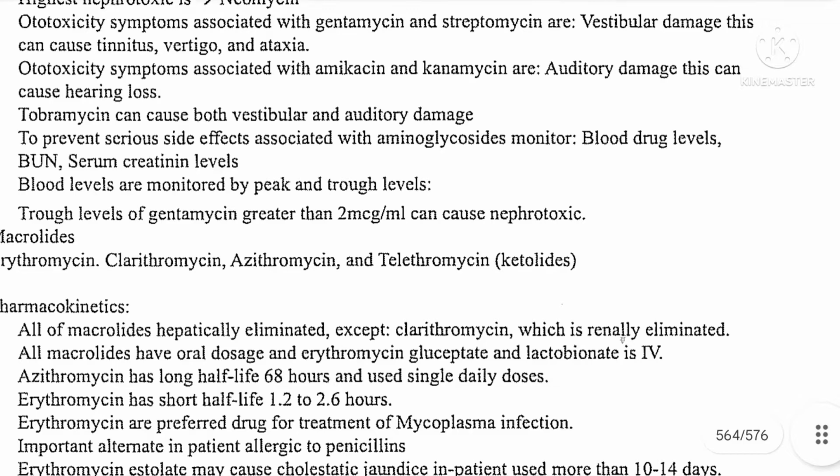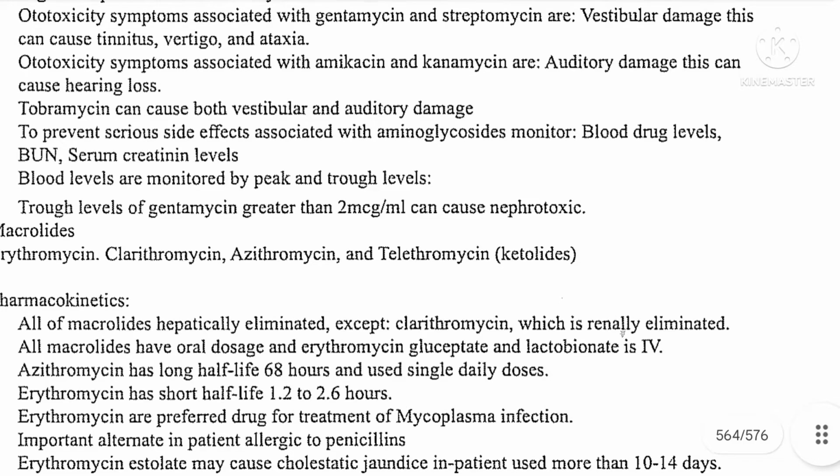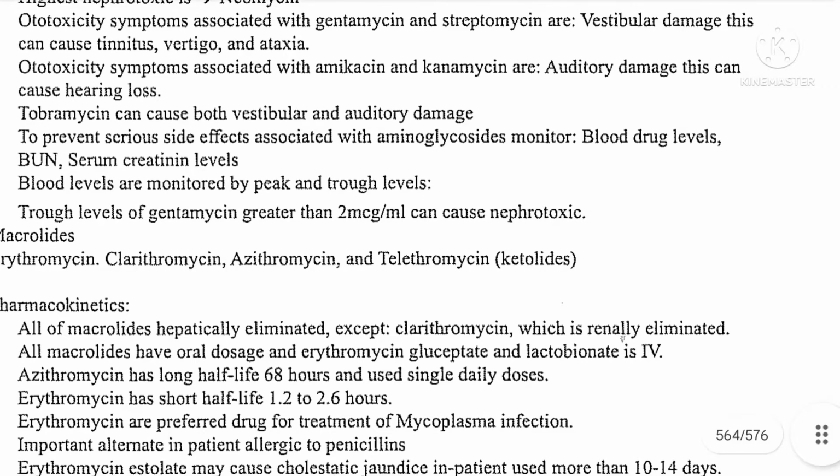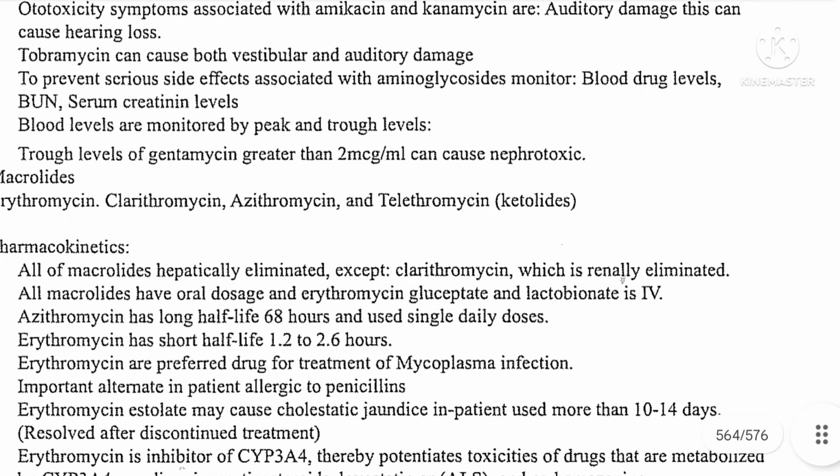To prevent the serious side effects associated with aminoglycosides, monitor BUN levels, that is blood urea nitrogen, and serum creatinine levels, and also measure the peak and trough levels. A trough level of gentamicin greater than 2 mcg per ml can cause nephrotoxicity, and this is an important point.